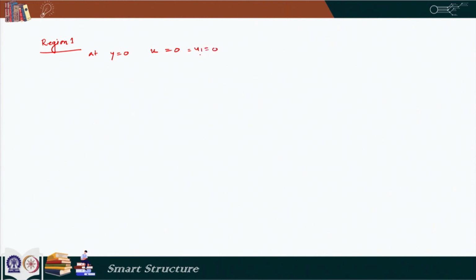So, u 1 means u at region 1, and then at y equal to y 1 the velocity gradient is 0. So, we can say del u by del y equal to 0. This we also write as del u 1 by del y, because in region 1 u is just u 1.